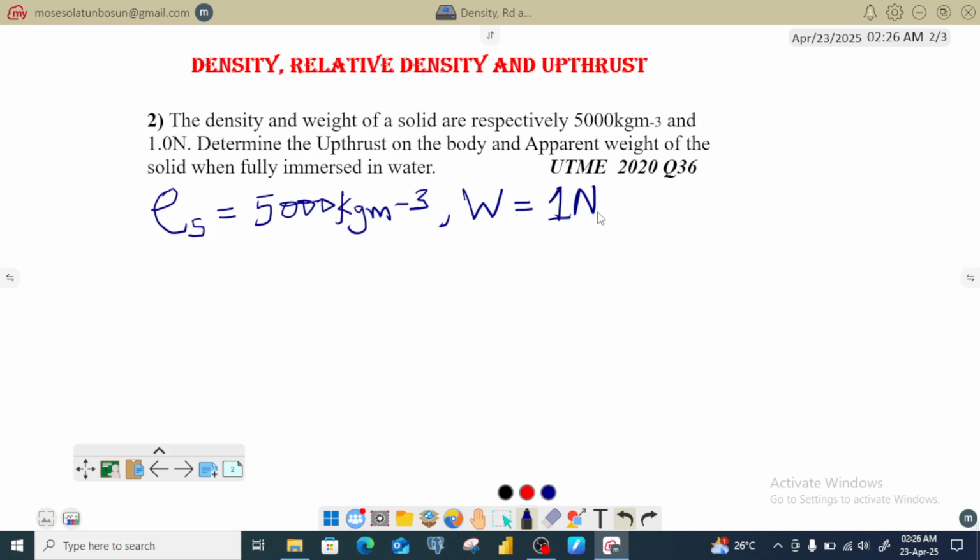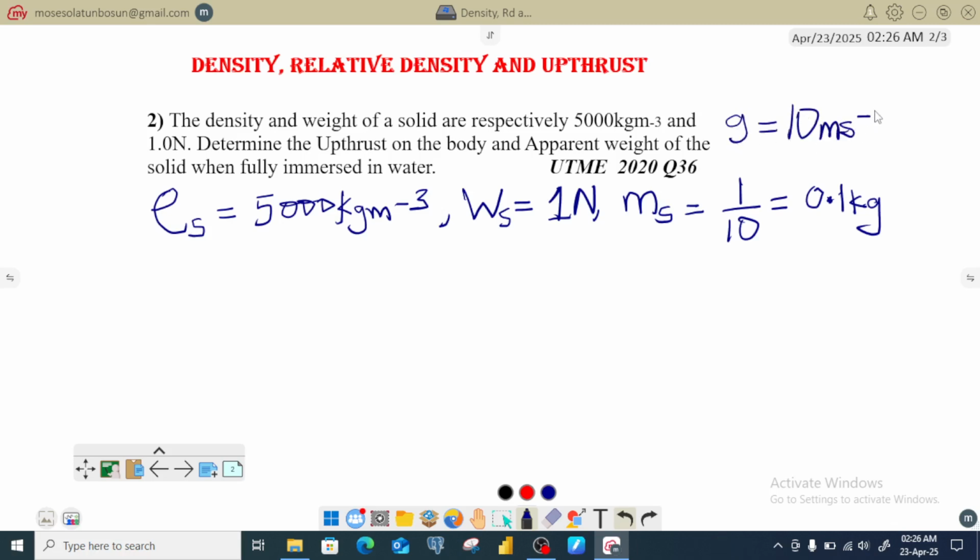Sorry for that. That simply means the mass of this solid, let me put subscript S here, will be what? 1 divided by 10, provided that our acceleration due to gravity equals 10, and that will be 0.1 kg. Okay, let me just put this here as a constant. Let's say g equals 10 meter per second squared.